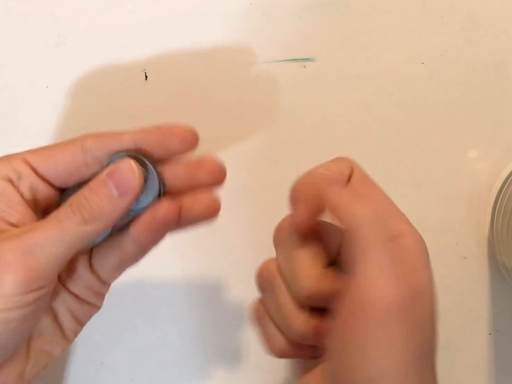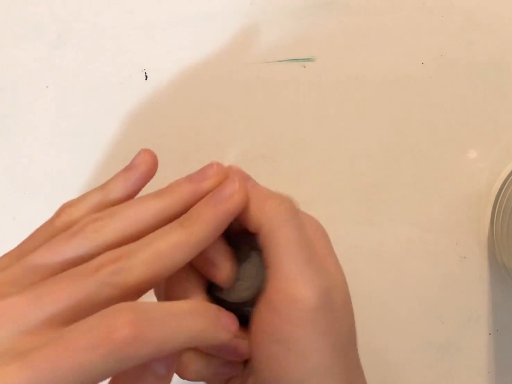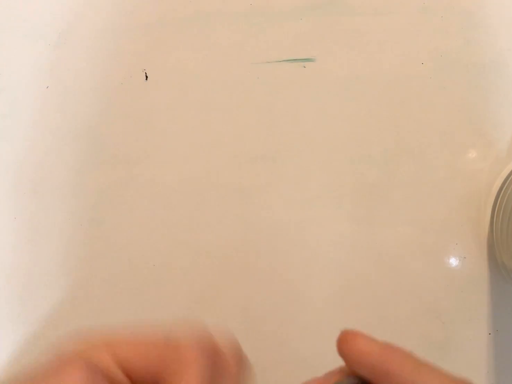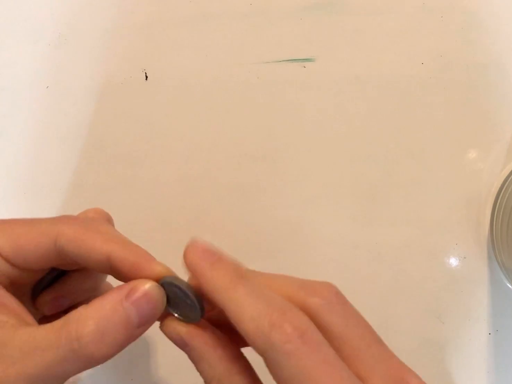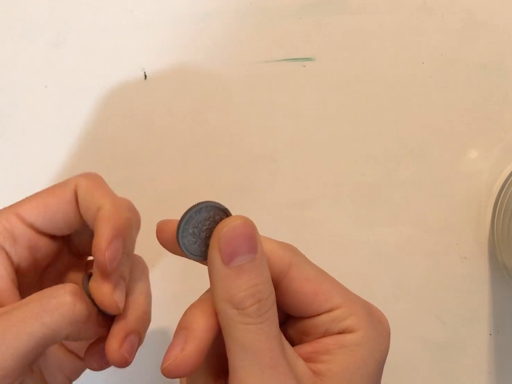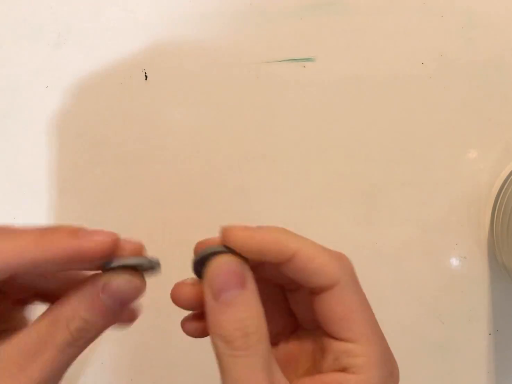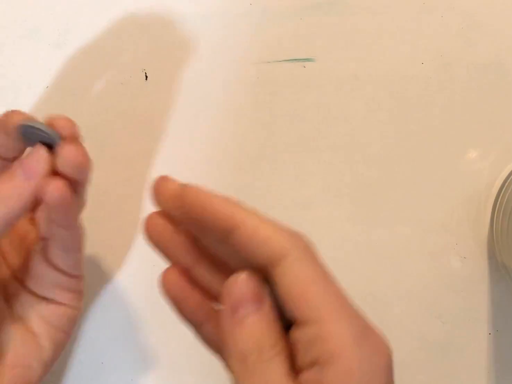So 25, 50, 75, $1, 100 cents. And then the next coin that costs the most would be a dime, and that's 10 cents. And so we would need 10 of these to get to $1. So we would count by 10s, 10, 20, 30, 40.